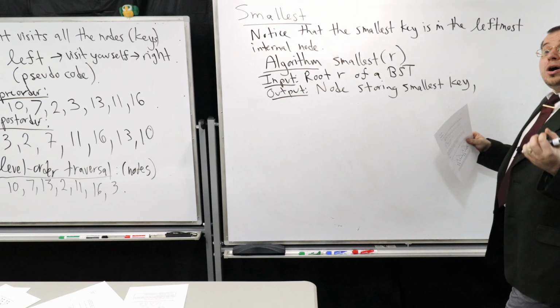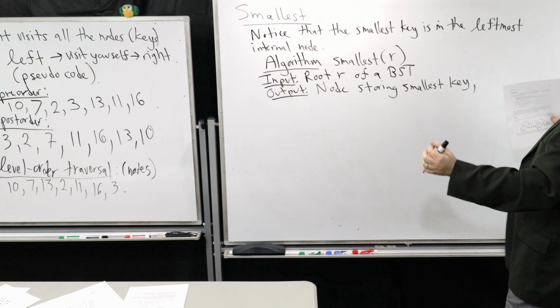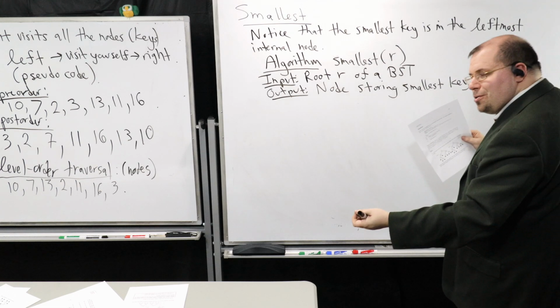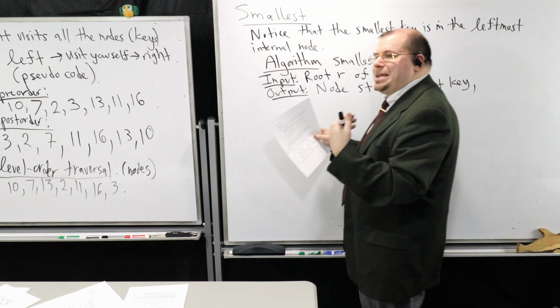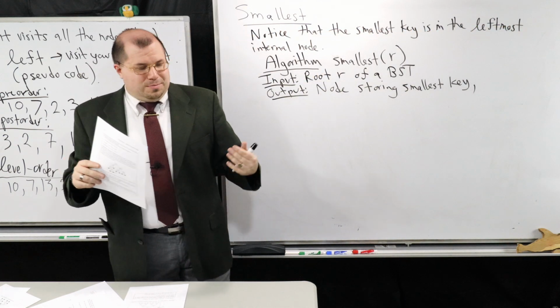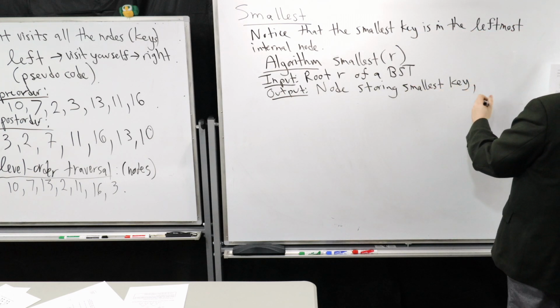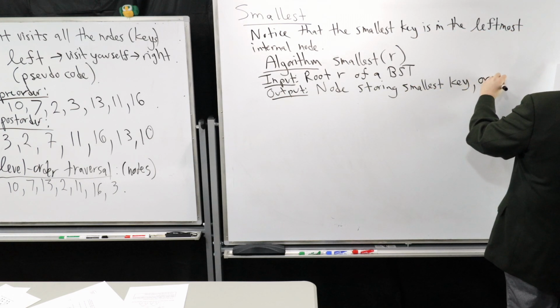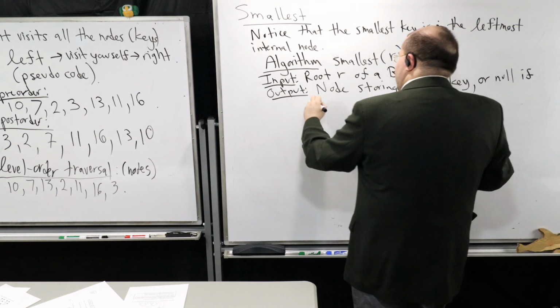They're very easy to modify to get them to behave exactly like the ADT. I'm just giving them this way so we can wrap it all in a nice bow, and because we would like to be able to reuse some of the algorithms I'm providing here. So the output is a node storing the smallest key, or null if the tree has no data in it.